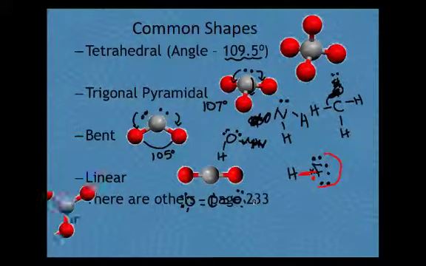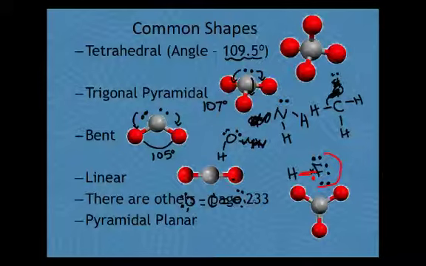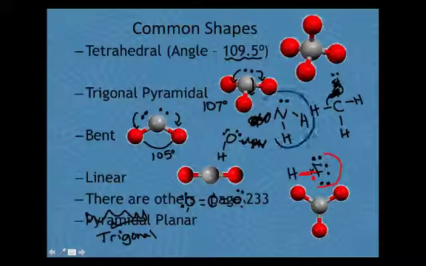One I want you to know about in particular is the, not pyramidal planar, trigonal planar. Typo. The trigonal planar shape would be kind of like this one that we called trigonal pyramidal, except there's no unbonded pairs. So no lone pairs, we call it.